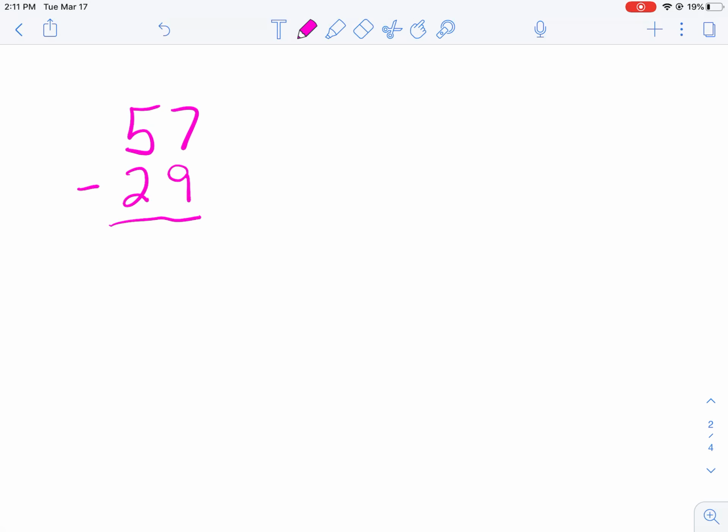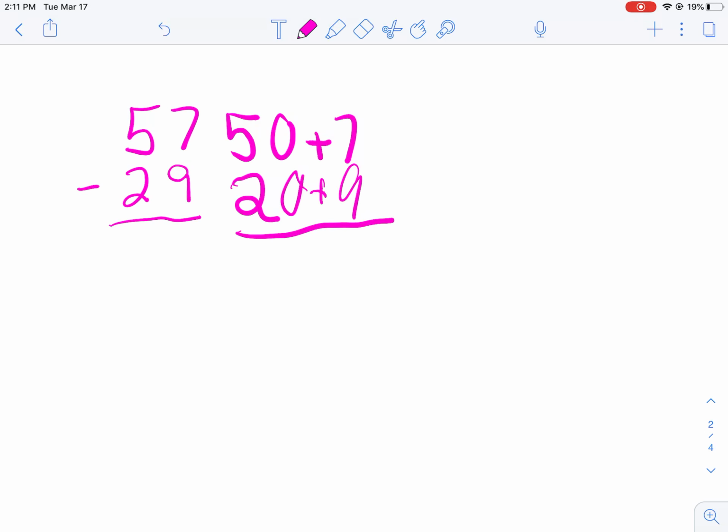This is called expanded form. So you put this 50 plus 7 right next to where you put 57. And then 20 plus 9. Now since the 7 is smaller than the 9, you have to X out that 50. Now, right next to that 50, you have to write 40.